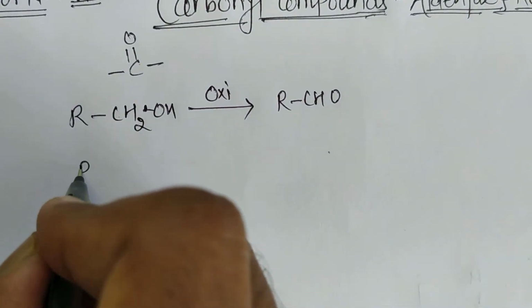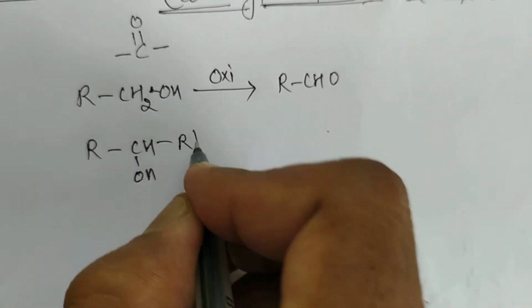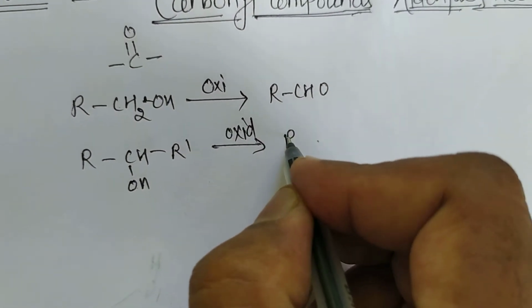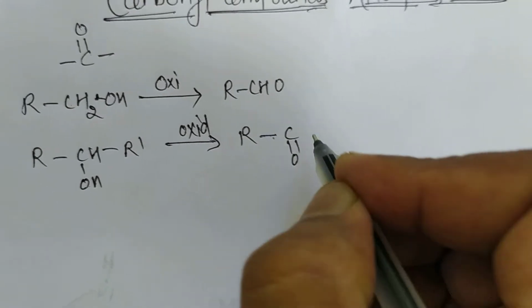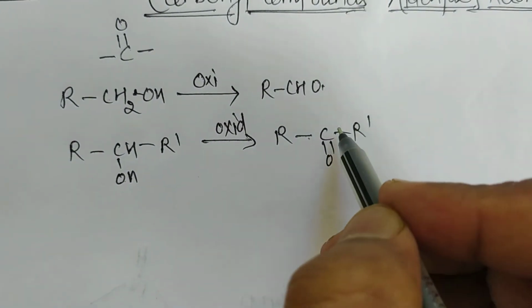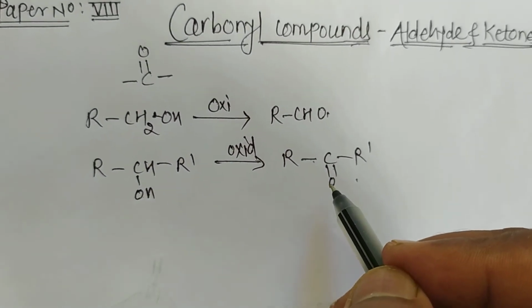And when a secondary alcohol, that means R CHOH R dash, undergoes oxidation, then it gives ketone. Both these aldehyde and ketone contain carbonyl groups, therefore they are called carbonyl compounds.